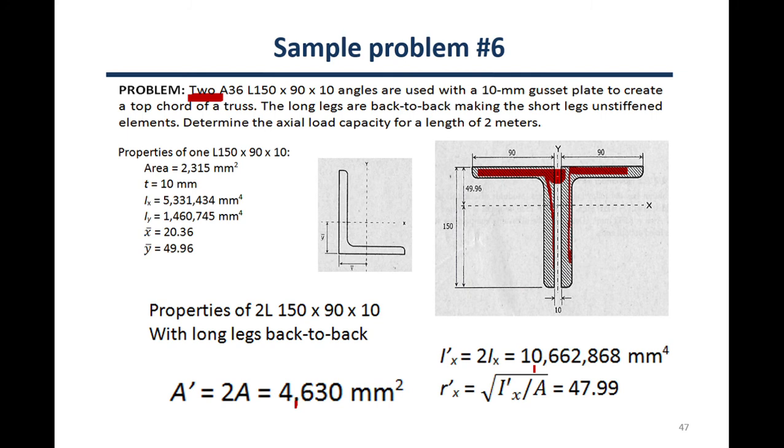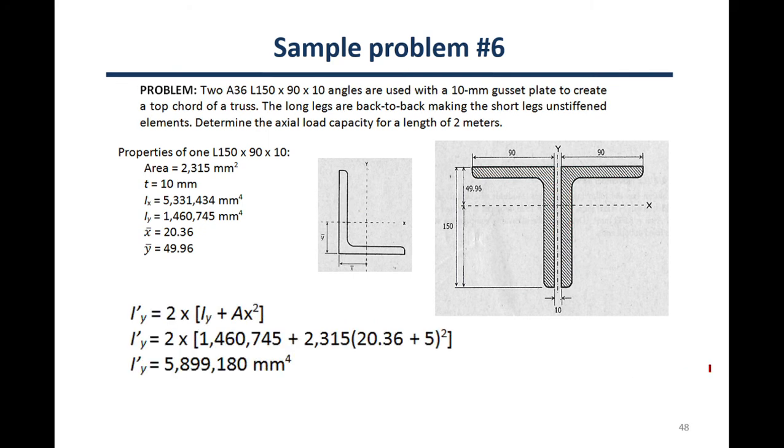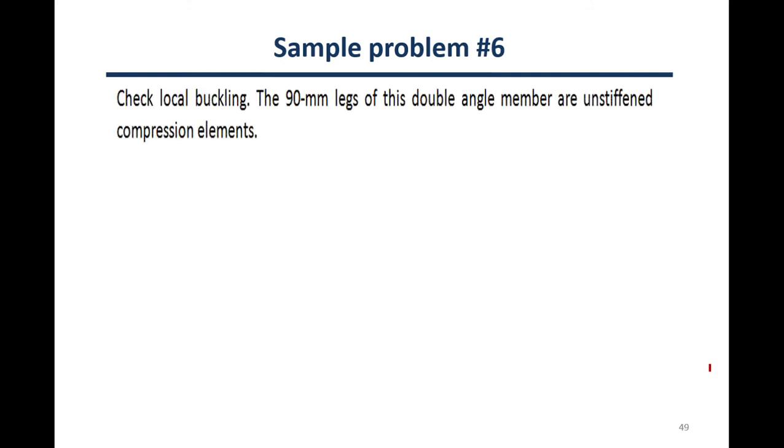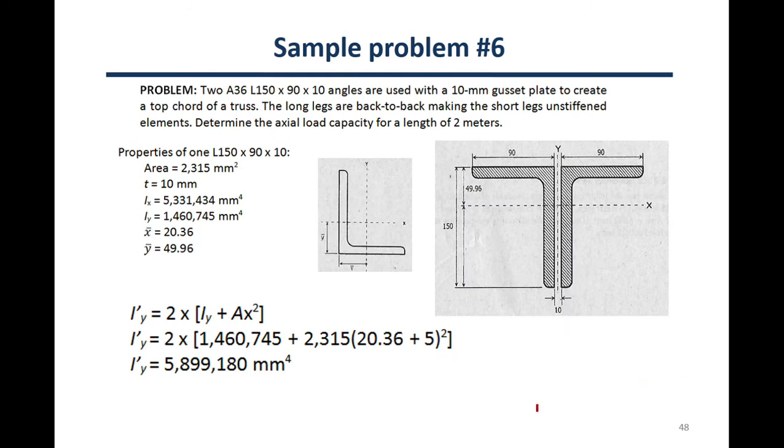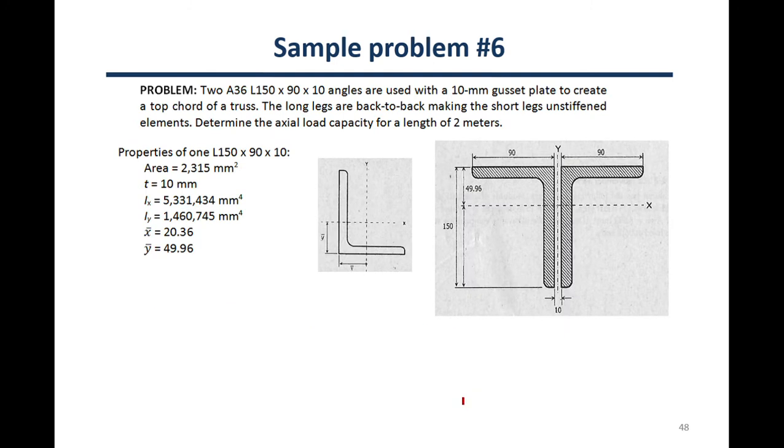Okay, so we have here, dalawa din. Solving for the Rx, that is 47.99. Sa ry natin, 35. So, ito minimum. So, ito ang gagamitin natin. So, yan na. Diba? 35 yan. Ayan.